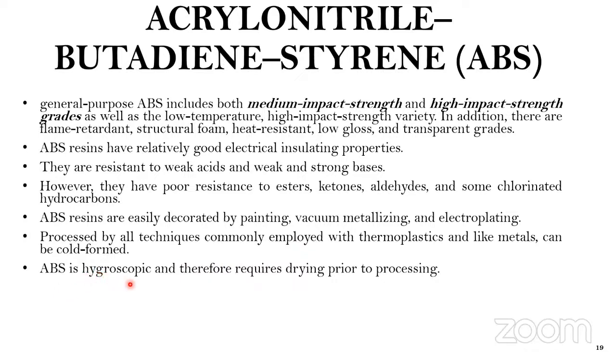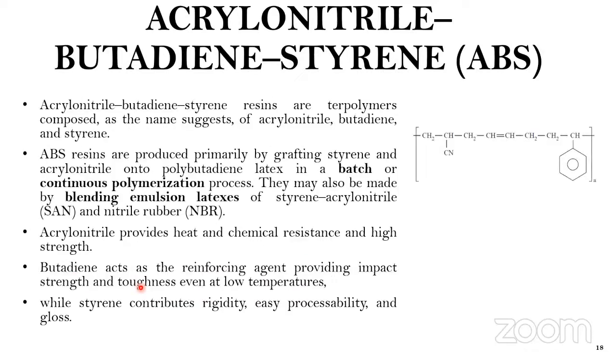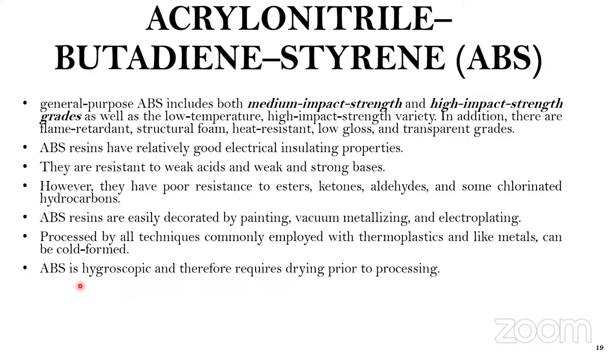And ABS, as I told you, has very good impact strength, but it has a very important drawback or limitation, that is ABS is hygroscopic. What do you mean by hygroscopic? It means they easily capture moisture. Therefore, whenever you are using ABS for processing, you have to pre-dry the ABS properly before you are doing the processing.